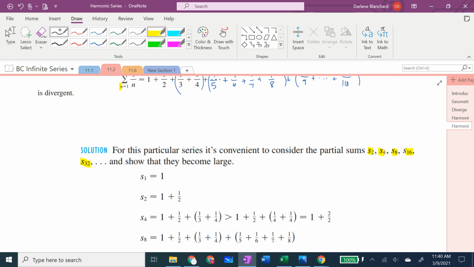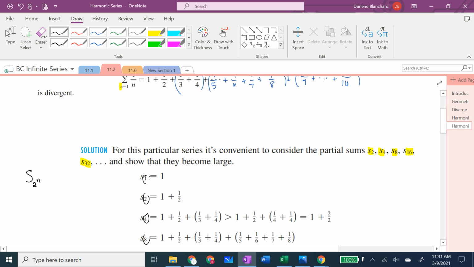We're looking at grouping this by the nth partial sums that are 2 to the power of some number. I'll put an n, because they're using n further down anyway. So we're looking at nth partial sums where they are 2 to the n power. So starting with 2 to the 0 power, 2 to the 1, 2 squared, 2 cubed, and so on.